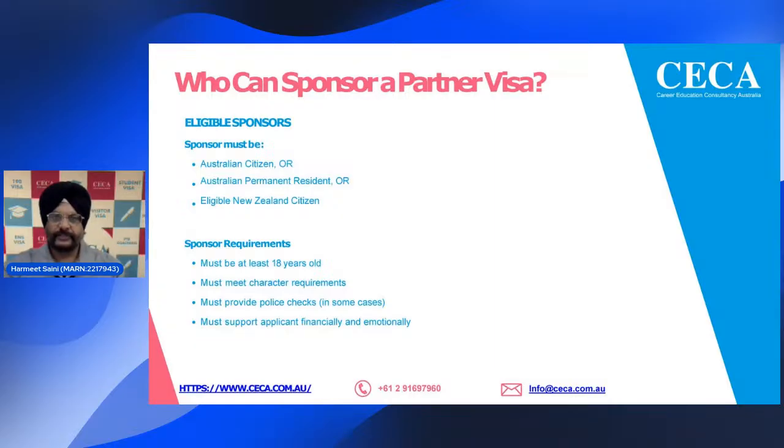The sponsor must be at least 18 years of age, must meet character requirements, and has to provide a police check or Australian Federal Police check as well. They must support the applicant financially and emotionally when the visa is granted, and have to give a declaration for this visa. If offshore, then an affidavit; if onshore, then a statutory declaration, depending upon the state law.